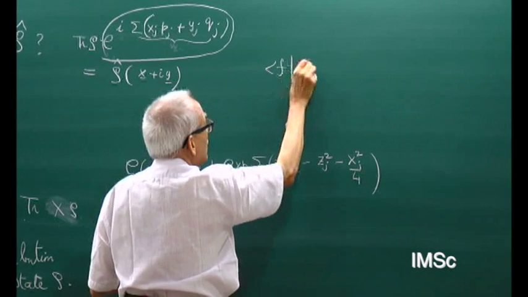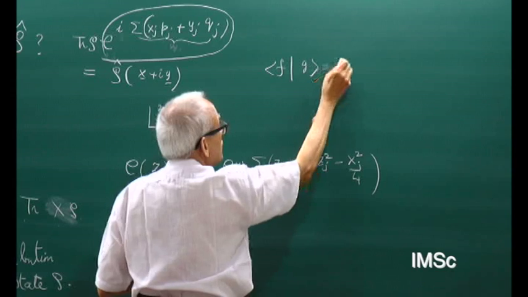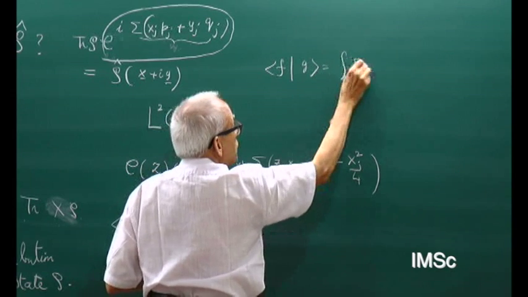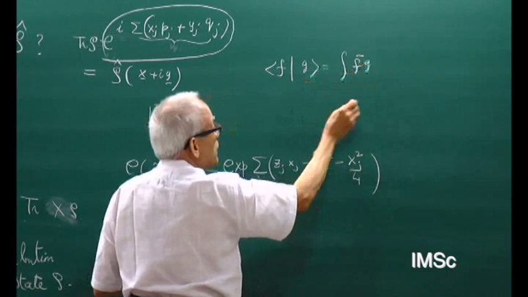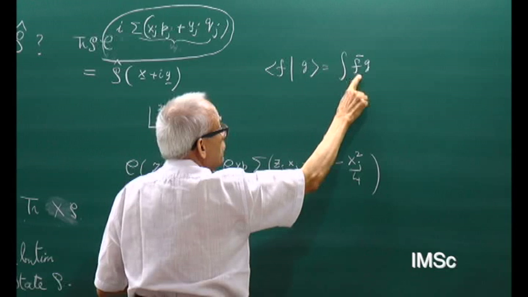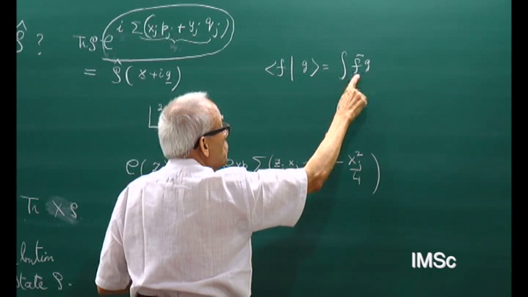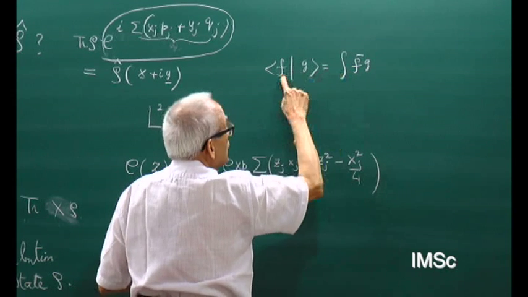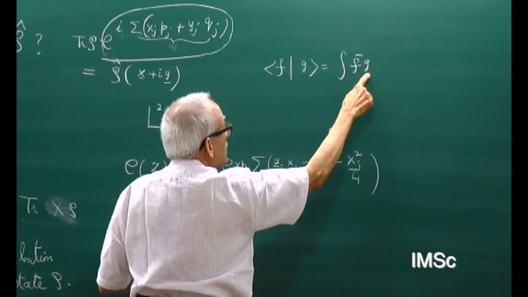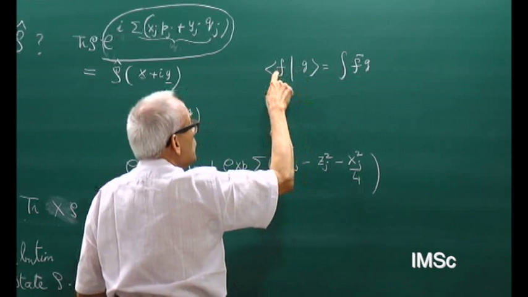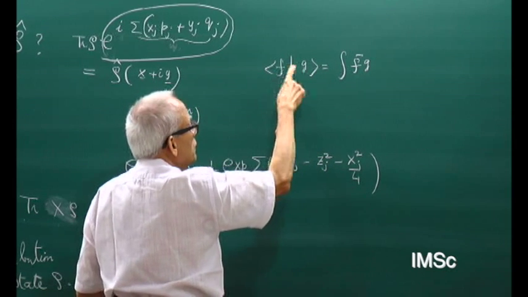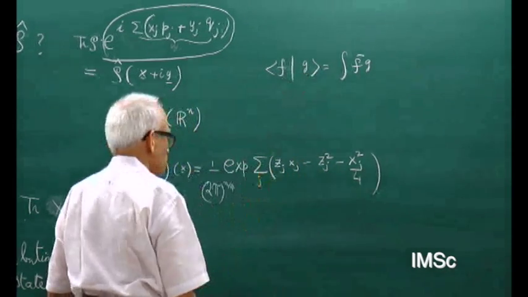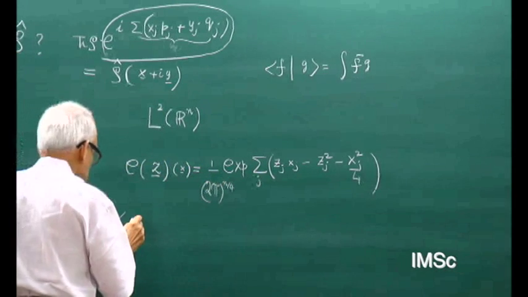I will write like this, and this is integral f bar g, or if it is a discrete variable, summation f bar g. The bar is in the first variable and in the second variable there is no bar. So, this is conjugate linear in the first and linear in the second. So, I will adopt this notation.